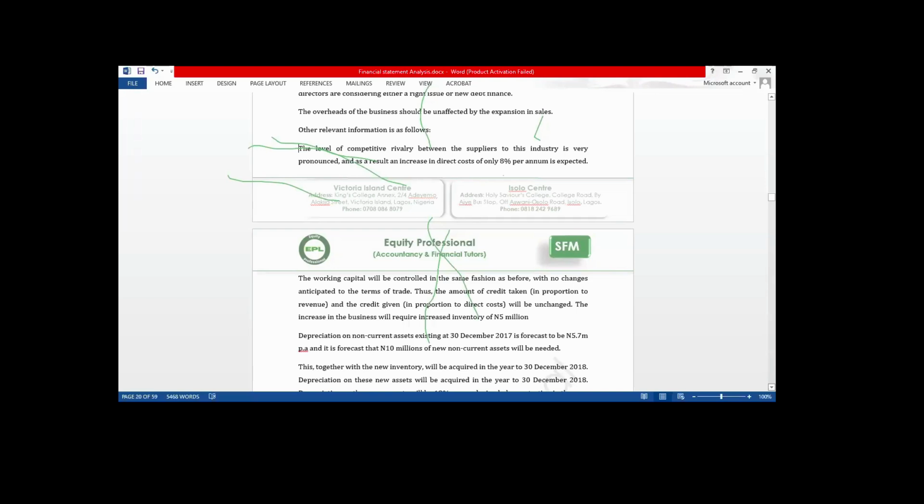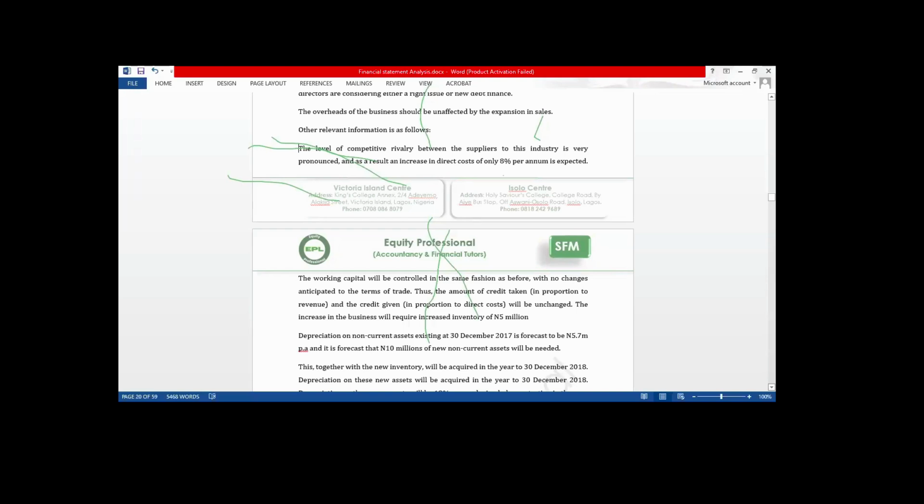Please note, credit taking means trade receivables in proportion to revenue. Credit giving, that is your trade payables, in proportion to direct cost will be unchanged.